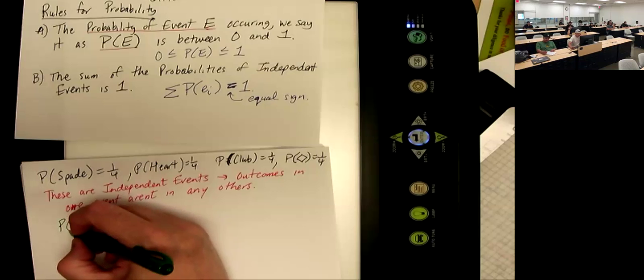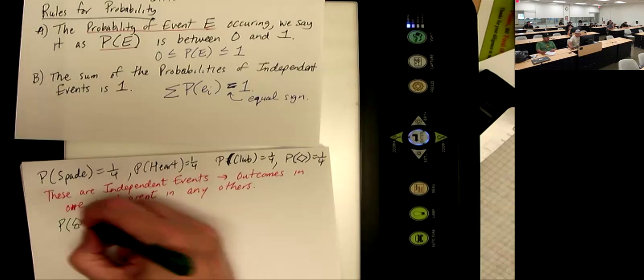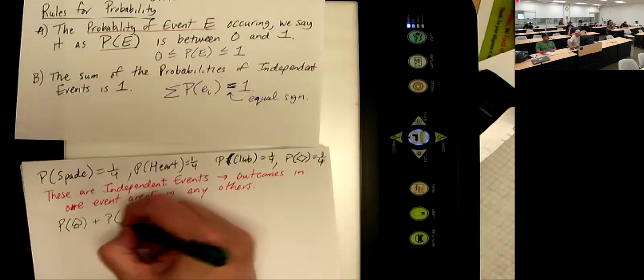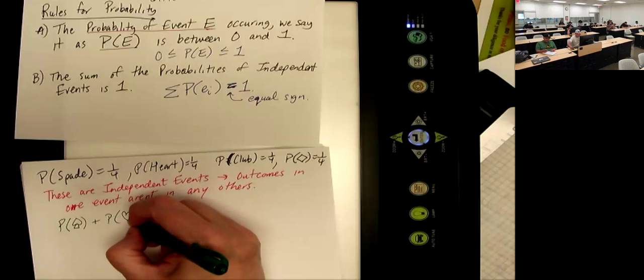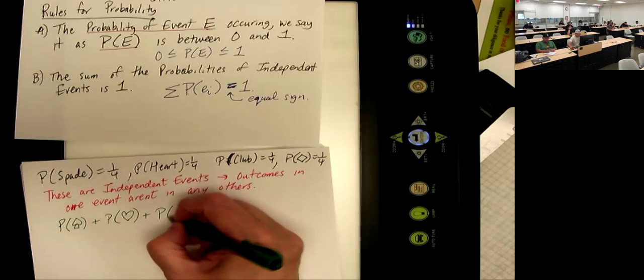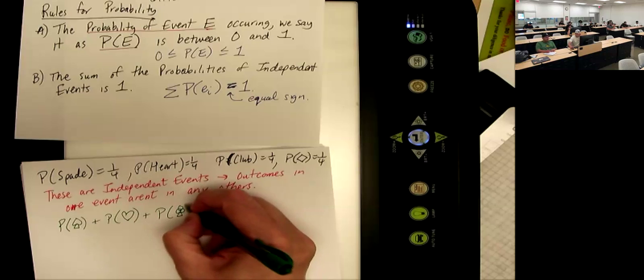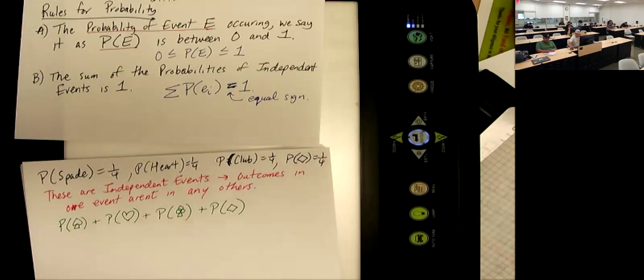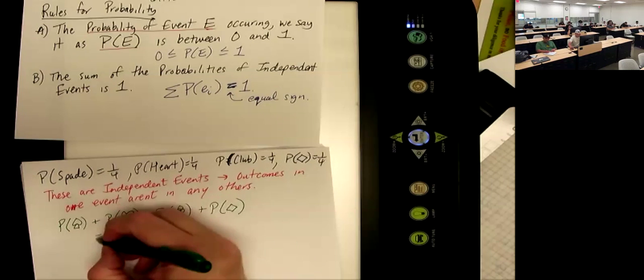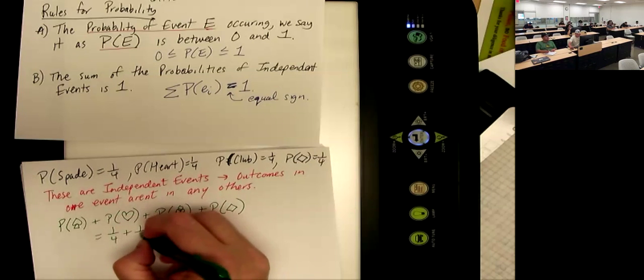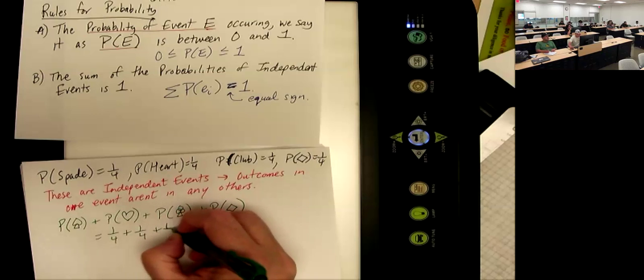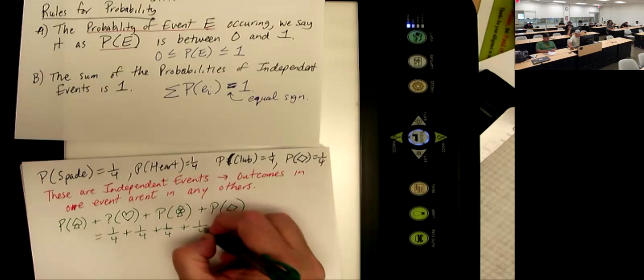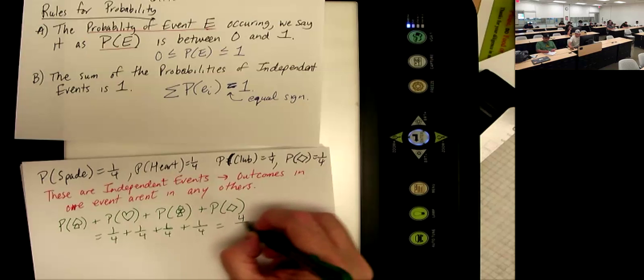So if I add them up, here I'm using the symbols now, let's speed this up a little bit. This is 1/4 plus 1/4 plus 1/4 plus 1/4. That adds up to 4/4, which is 1.